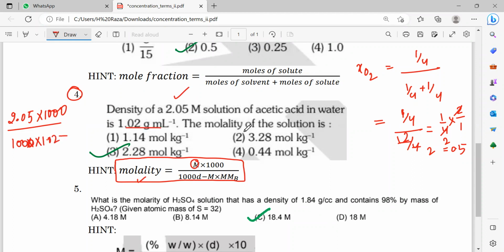Then minus molarity into molar mass. There is acetic acid and there is water, so you take the molar mass of acetic acid, and then minus M into Mb, where this is your Mb and this is your M. Are you getting my point? Yes, sir. And then you can do that. This is also correct. Very good.